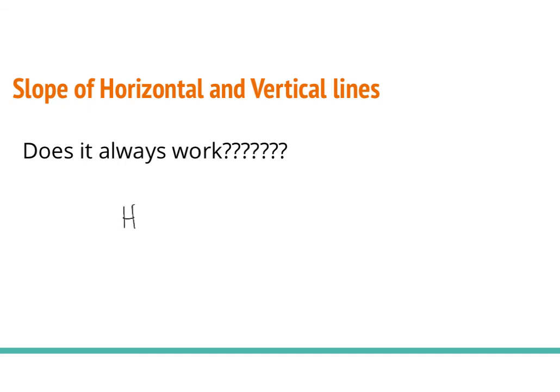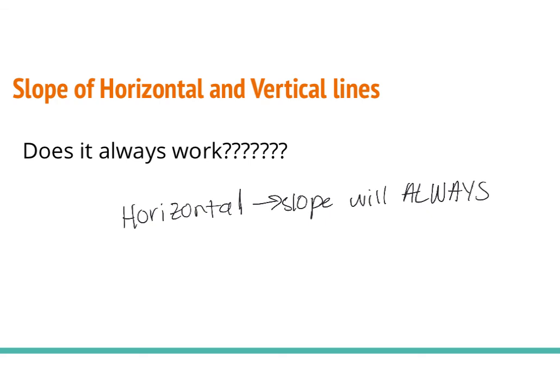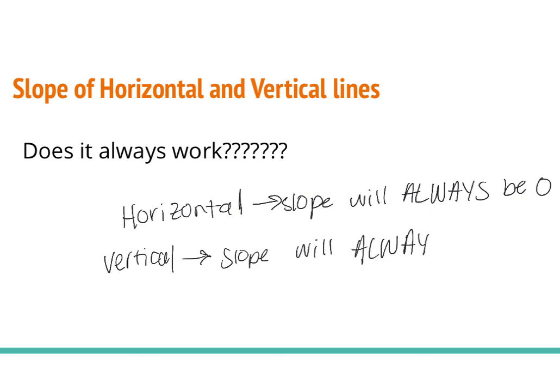Horizontal, slope will always be 0, and vertical, slope will always be undefined.